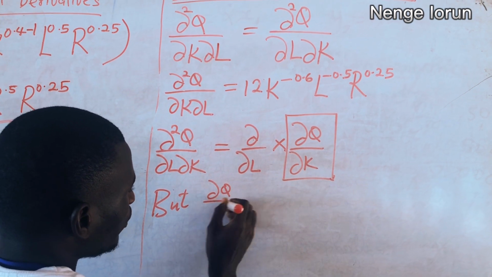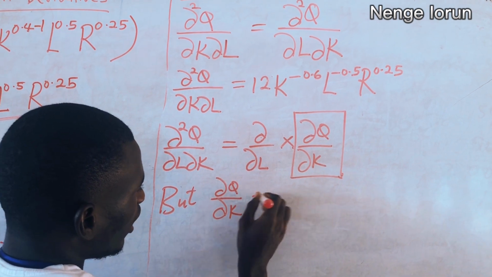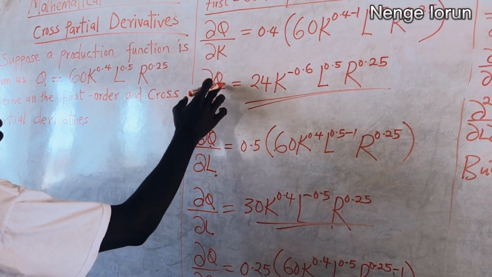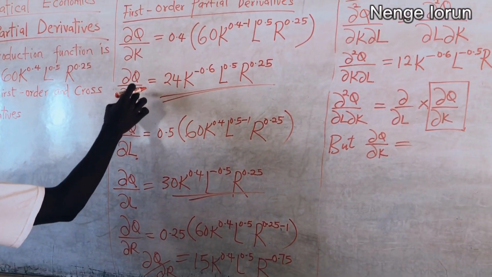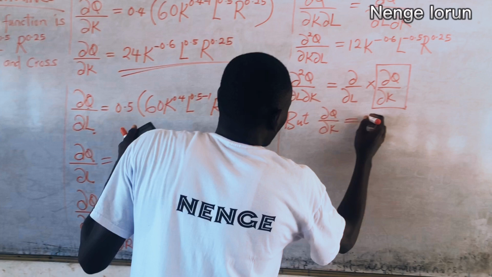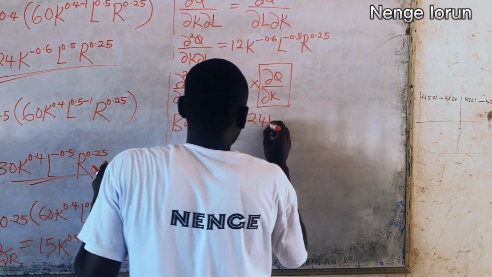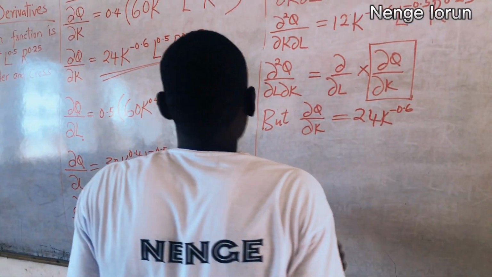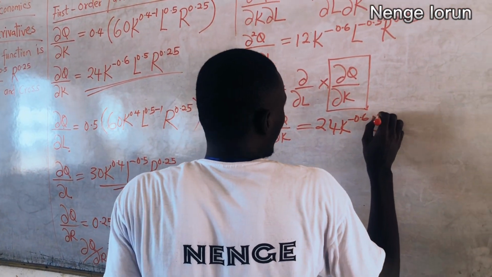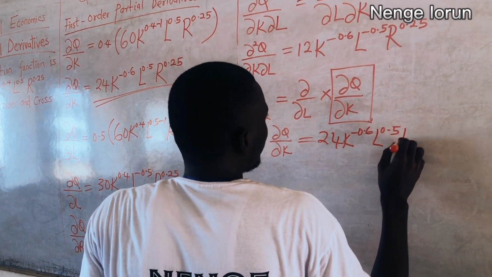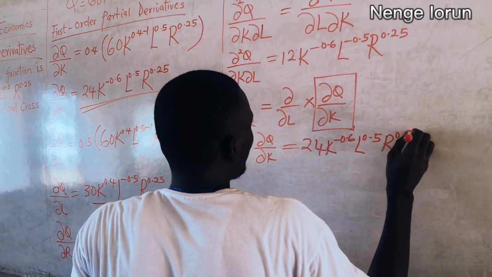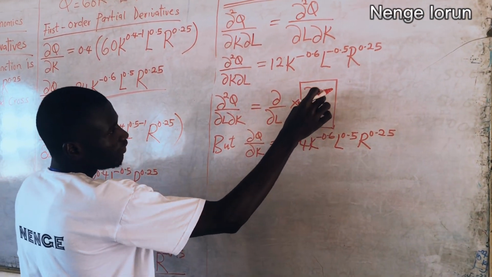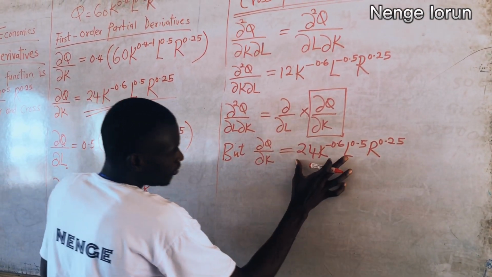The cross-partial derivative of q with respect to k has been computed. So look at it here. The cross-partial derivative of q with respect to k is what? 24 k raised to the power of minus 0.6 L raised to the power of 0.5 R raised to the power of 0.25. So now, in place of the cross-partial derivative of q with respect to k, you impute this value.